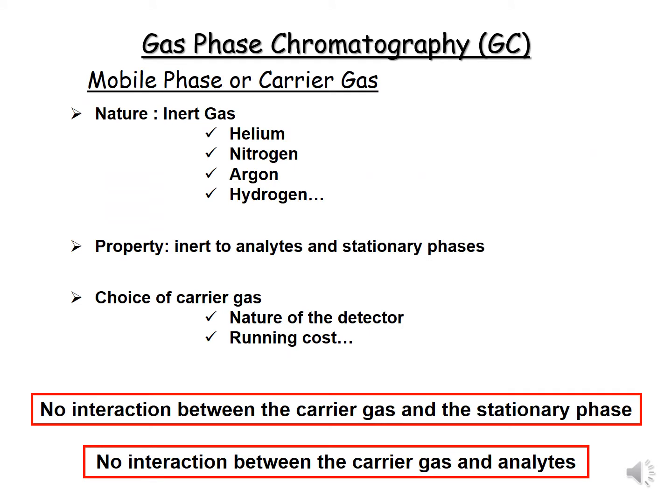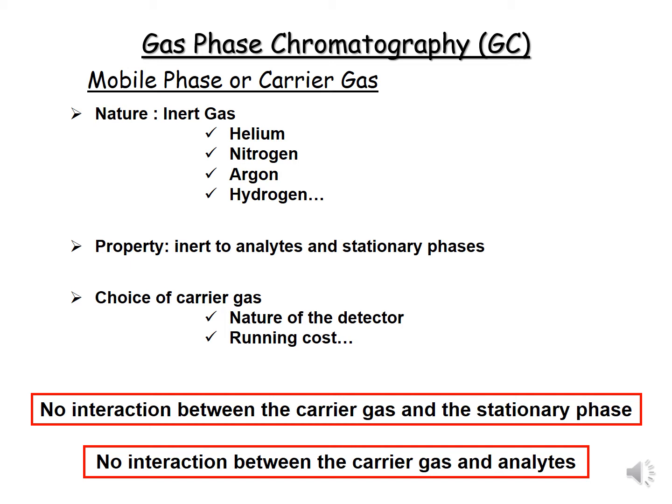So if it is a gas, you need to consider its nature. The mobile phase in gas chromatography is an inert gas. For example, you can have helium, nitrogen, argon, or hydrogen. So the carrier gas is inert.